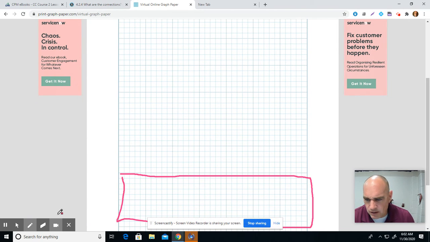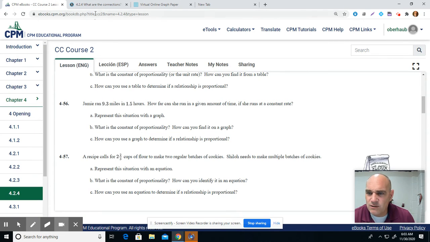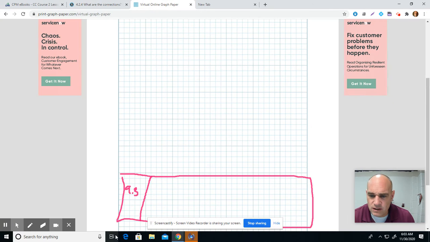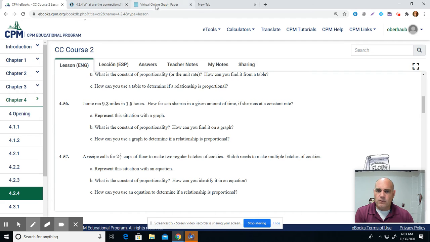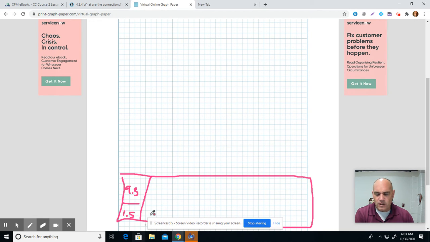So we know that I can go 9.3 miles in 1.5 hours.